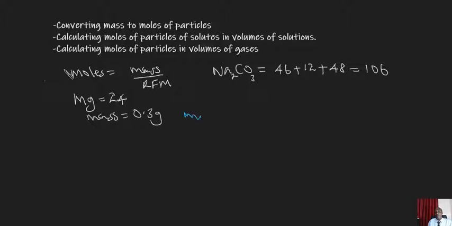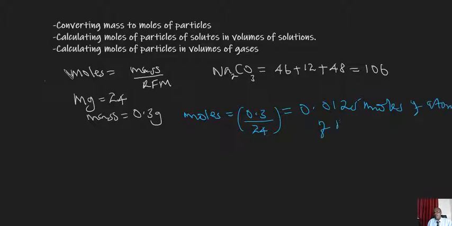Therefore, the moles of the atoms in this piece of metal are 0.3 divided by the relative formula mass of magnesium, which is 24. And 0.3 divided by 24, you get 0.0125 moles of atoms of magnesium.